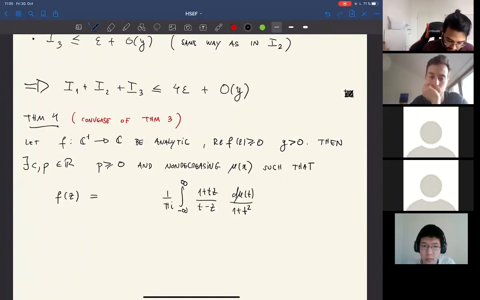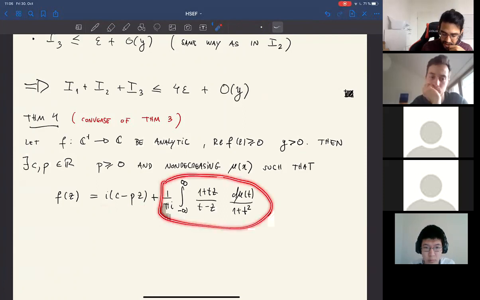So this would be C minus Pz, and that's it. This part is just a linear factor correction, but other than this, it's indeed given by exactly the Poisson construction we did in theorem 3.